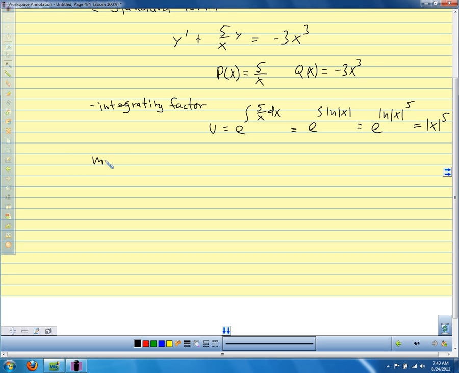So multiply by x to the fifth. So I have x to the fifth y prime plus 5x to the fourth y equals minus 3x to the 8th.